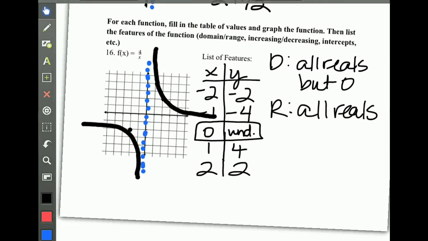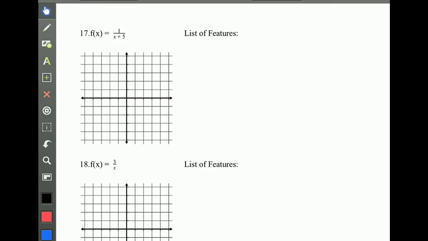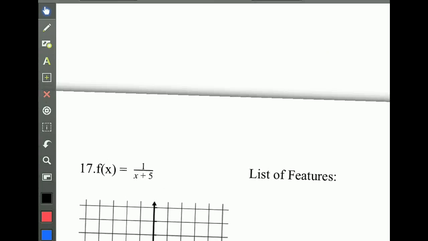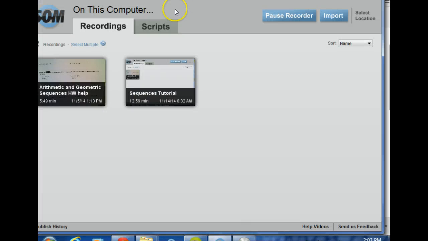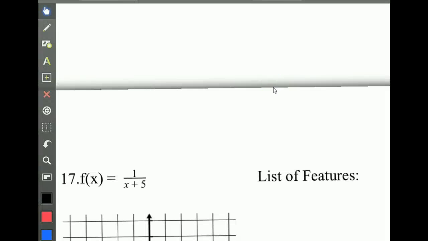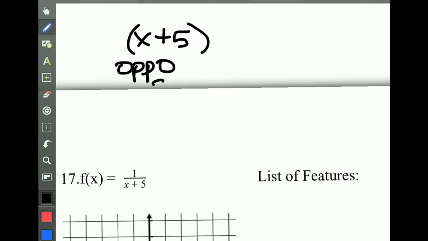Okay. So now let's see what happens when we have one that shifts our asymptote a little bit. If you remember, let's go back to when we were doing exponential functions, if we had something within the parentheses with the x, this was always an opposite shift, because it's whatever makes that value 0, what takes us back to x, so it's an opposite horizontal shift.